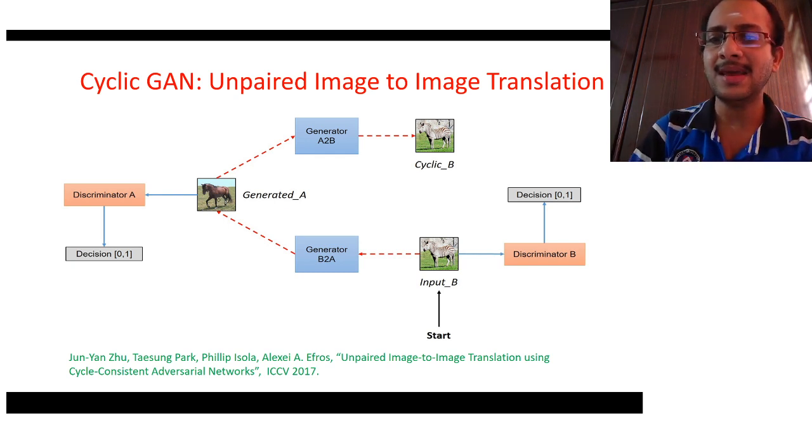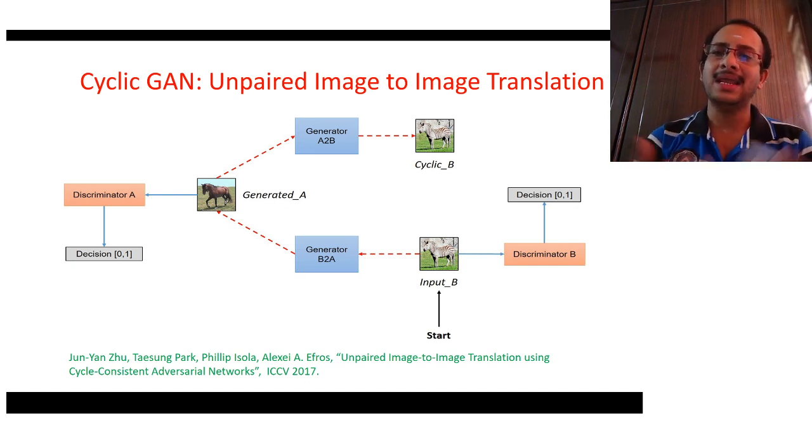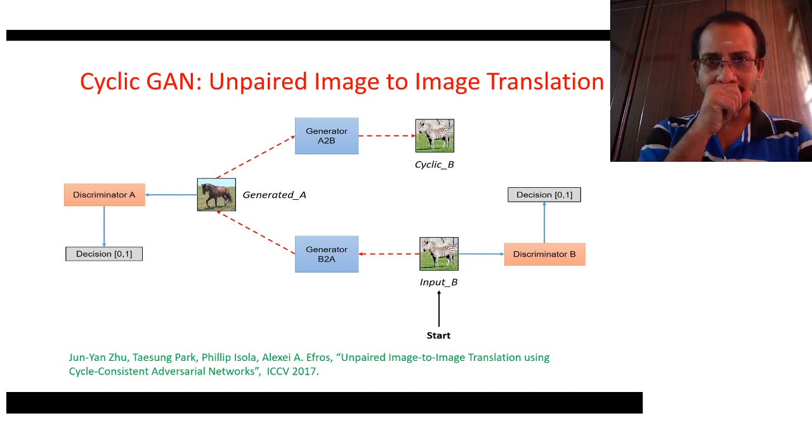That means this background and this horse need not be paired to only this zebra and this background. These can be completely different. So while training, I can take any random sample from class A and any random sample from class B, and still train to get the general mapping between the horse and zebra classes. That is one advantage.